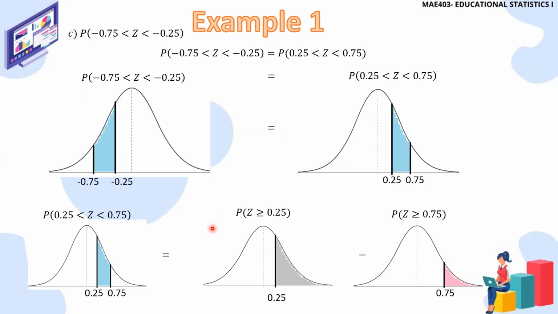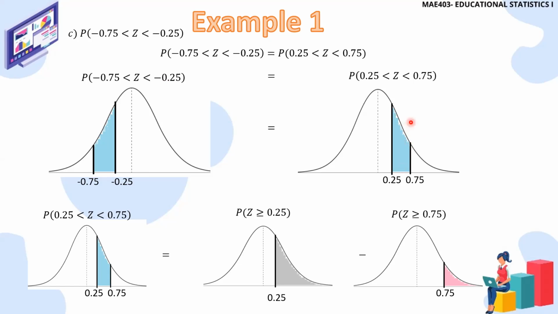So the next question involves negative values: the probability between negative 0.75 and negative 0.25. As you can see, this area is located on the left. It is actually equal to the right-hand side, because the statistical table only measures positive values.